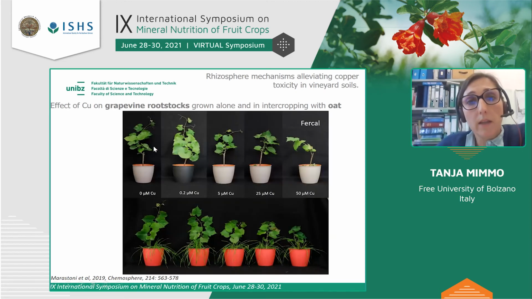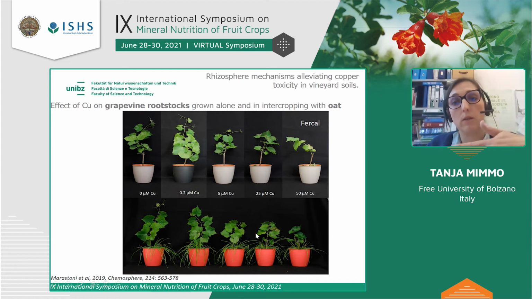As you can see here, these are the results of the Ferkal rootstock, which was one of the rootstocks we tested. You can clearly see that with increasing copper concentration, the biomass clearly decreased, and you also see a kind of copper toxicity on the leaves. If these rootstocks are intercropped with oat, you still see a decrease of biomass, but the plants look much healthier.